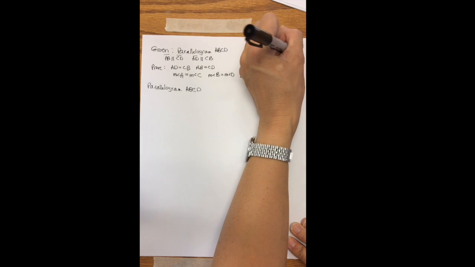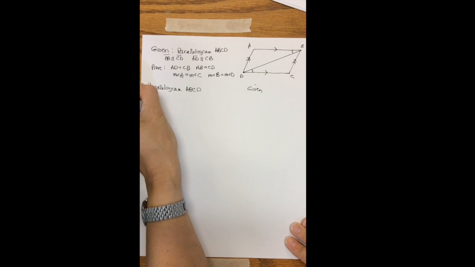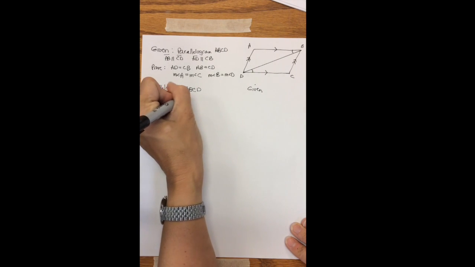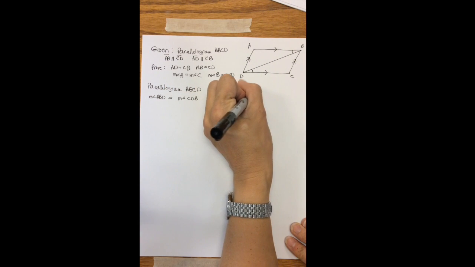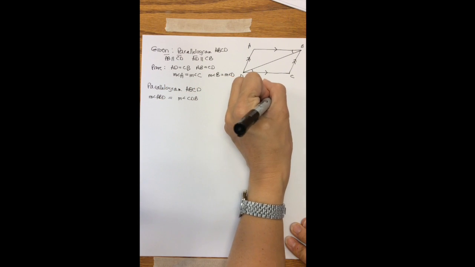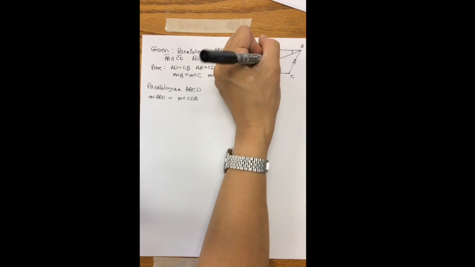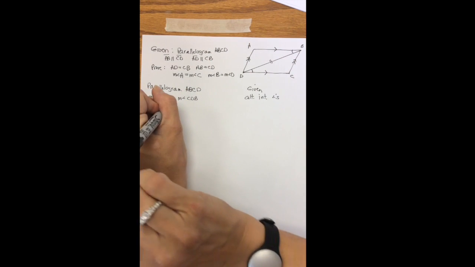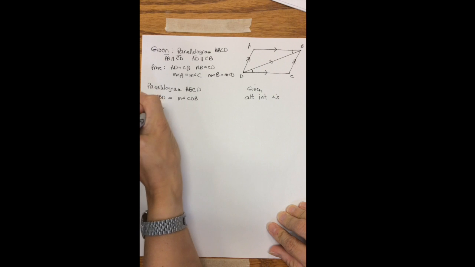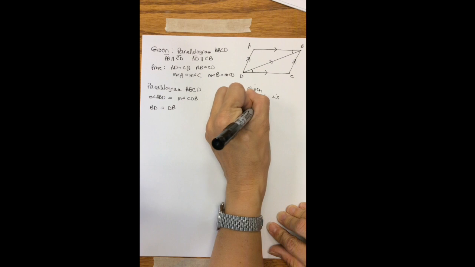Let me mark that. ABD, CDB. So the measure of angle ABD is equal to the measure of angle CDB because of alternate interior angles. And we can also say that the center is equal to the center. BD is equal to DB, and that is reflexive.